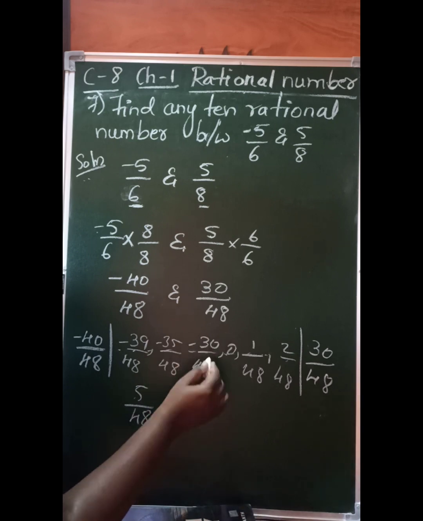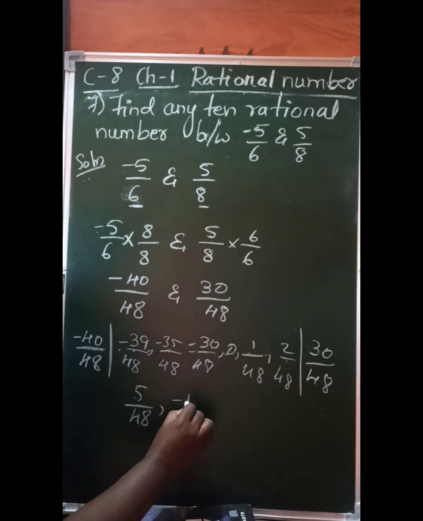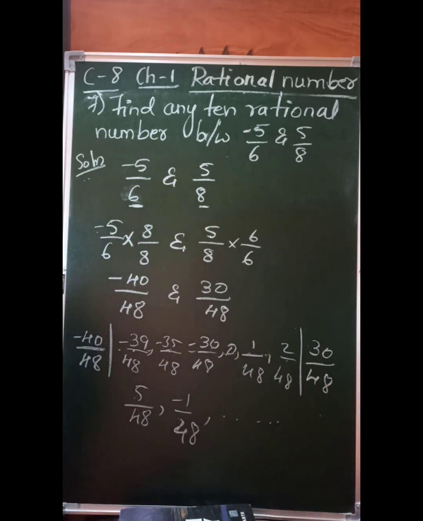Here also you can consider minus 1 by 48, and so on. You can consider any 10 rational numbers between minus 40 by 48 and 30 by 48.